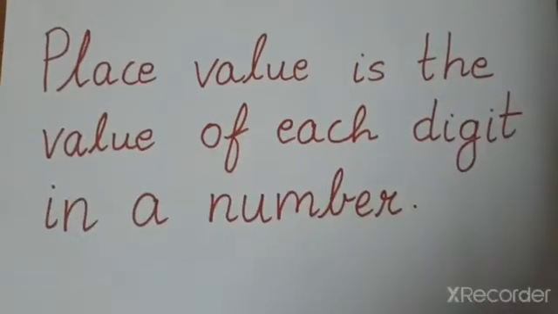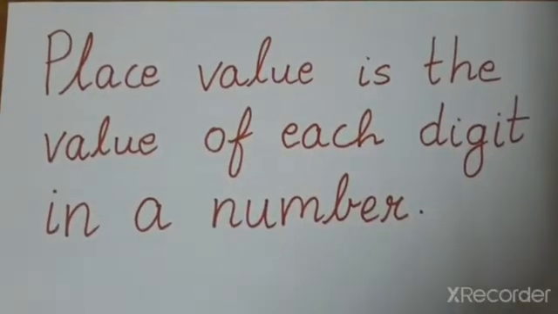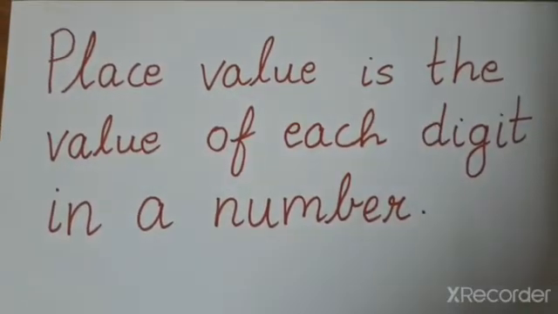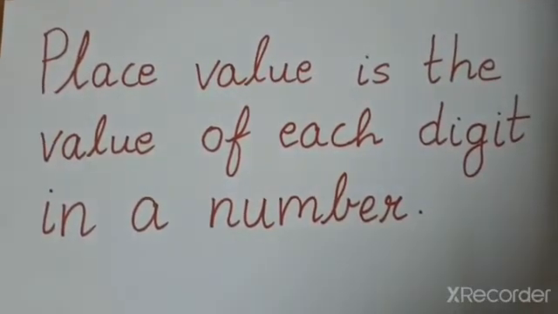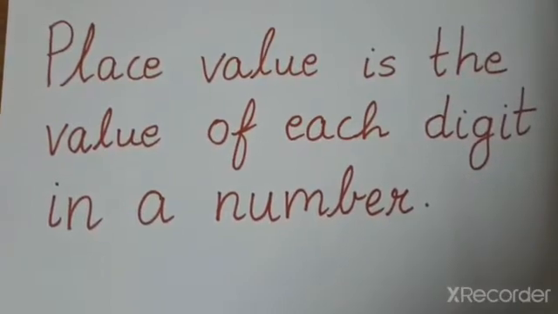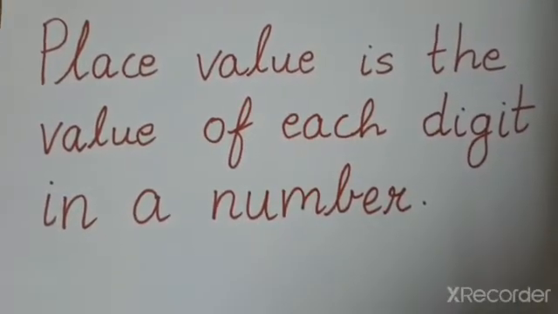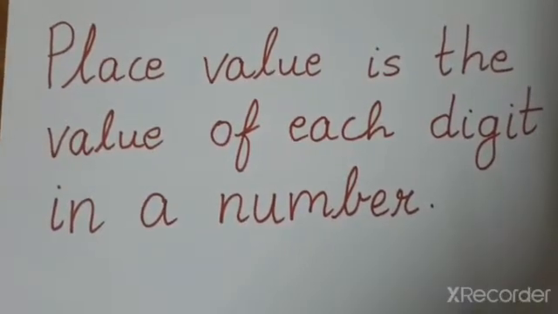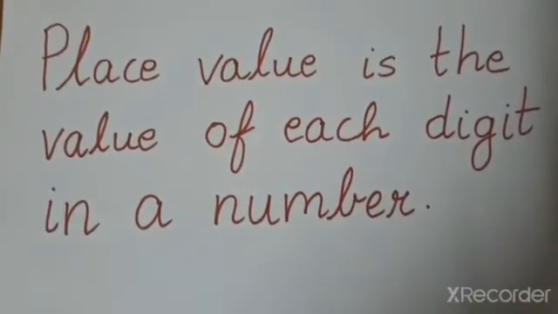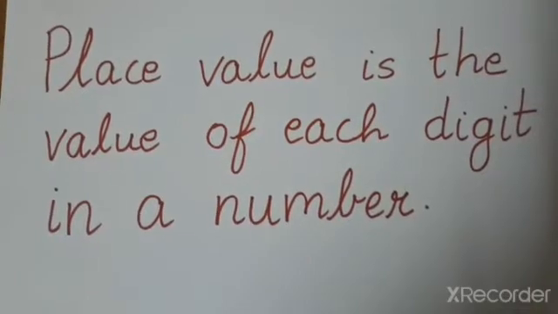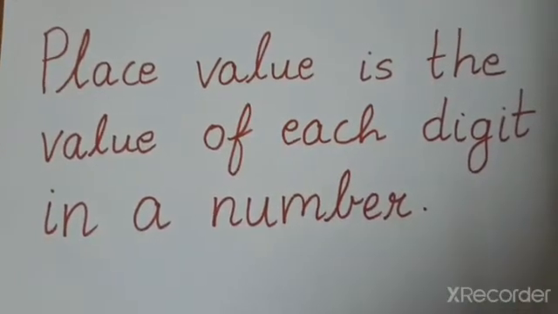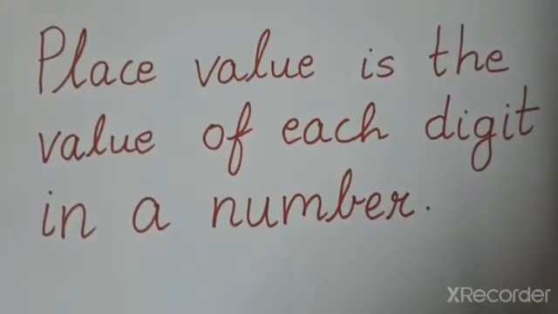Now, let us learn what is place value. Place value is the value of each digit in a number, which means the value of each number. Each number in maths has a value.